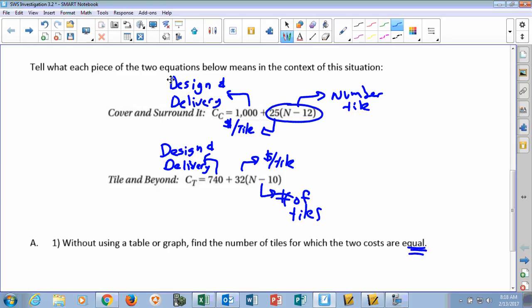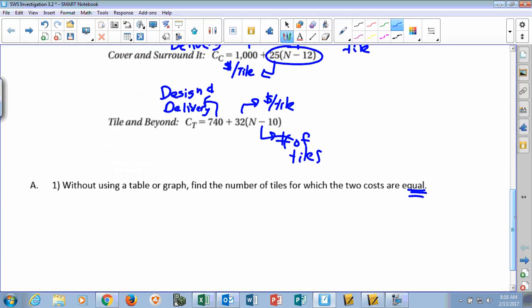When I have two equations and I want to find out that they're equal, I'm going to set them equal to each other. So I'm going to take 1,000, and I'm going to set it equal to, basically taking the Cover and Surrounded equation and setting it equal to the Tile and Beyond equation.